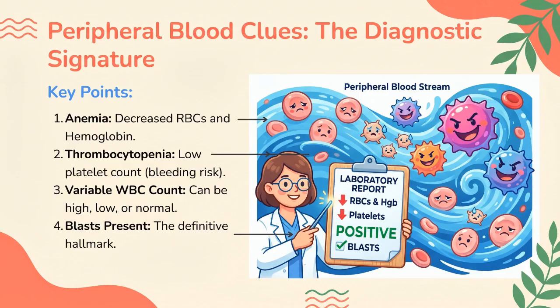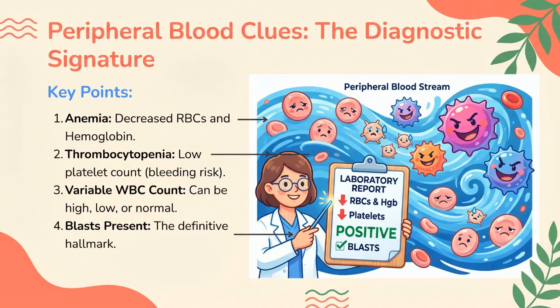However, regardless of the total WBC count, the most definitive and critical finding is the presence of blasts. Their appearance in peripheral blood, often in significant numbers, is a hallmark of acute leukemia and necessitates immediate further investigation. These combined peripheral blood findings, anemia, thrombocytopenia, and the presence of blasts, form a powerful diagnostic signature that alerts us to the urgent possibility of acute leukemia.